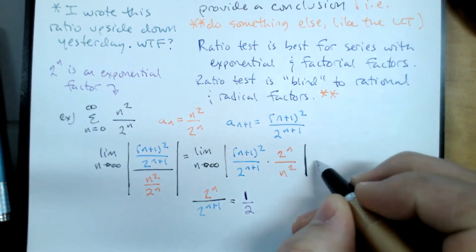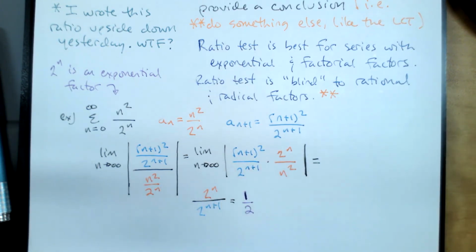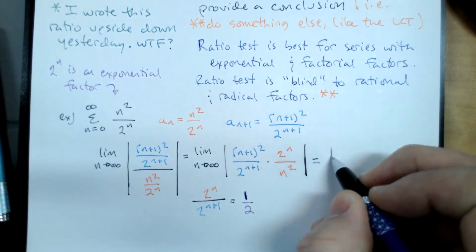Furthermore, when I simplify that part of this limit, 1/2 doesn't have any n in it anymore. It no longer has anything to do with n. So I can pull it out of the limit. It's just a constant times the limit.